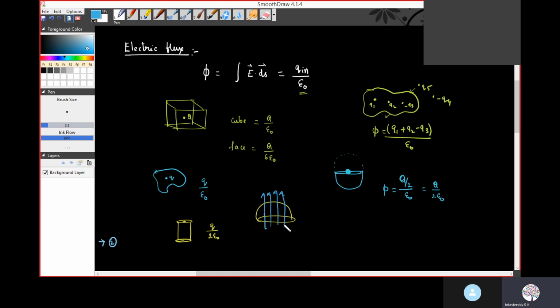Now here charge is not there, so we have to go with E into A. Here the electric field into the area of this hemispherical body is pi r square, because it is going through this area only. So E into pi r square is the flux.